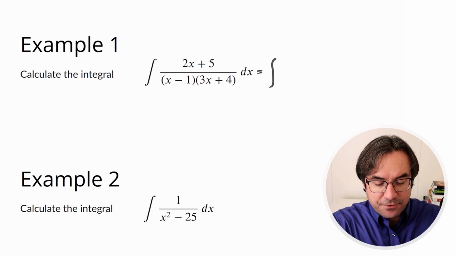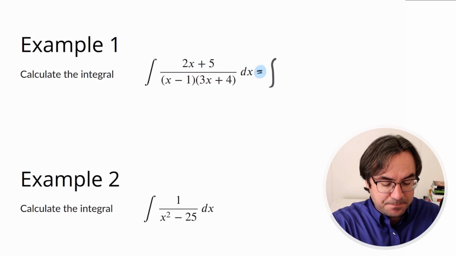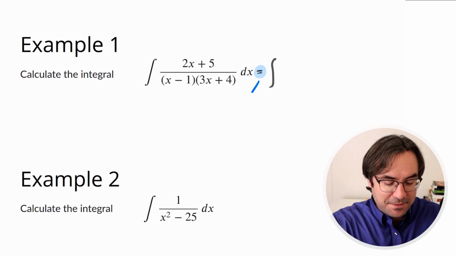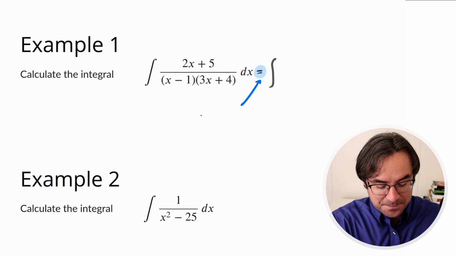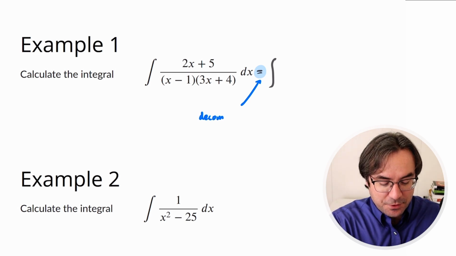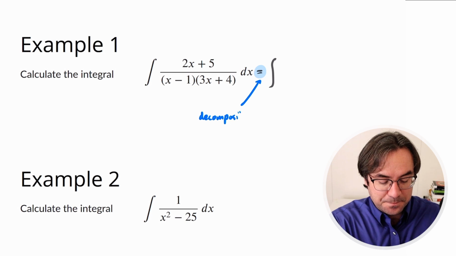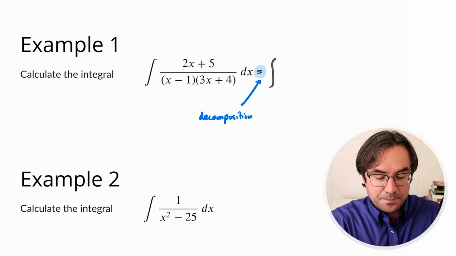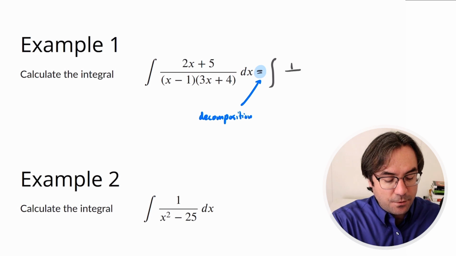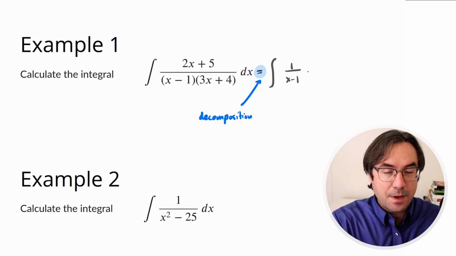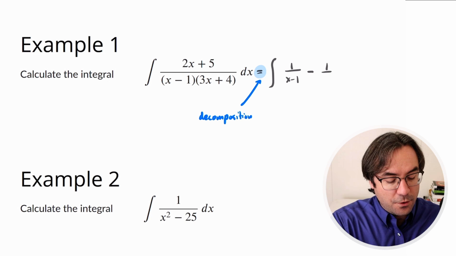And what we found after we did that decomposition, so kind of sweeping a lot of work under the rug here, but we did this in a previous example, is that we could rewrite that entire function as 1 over x minus 1 minus 1 over 3x plus 4.